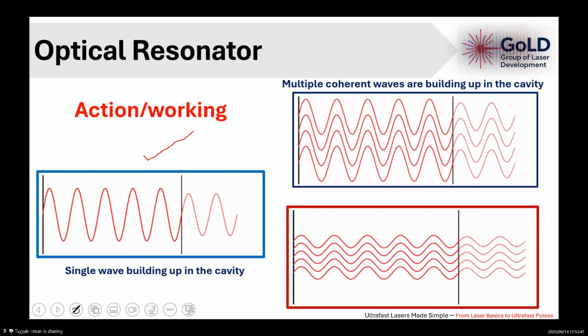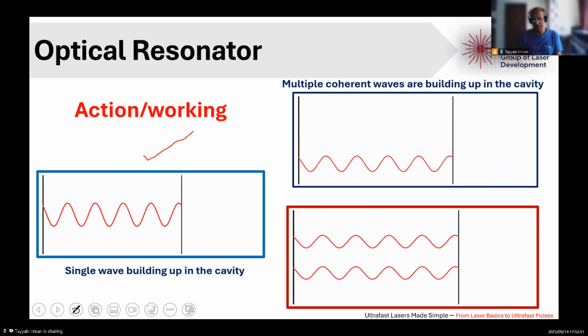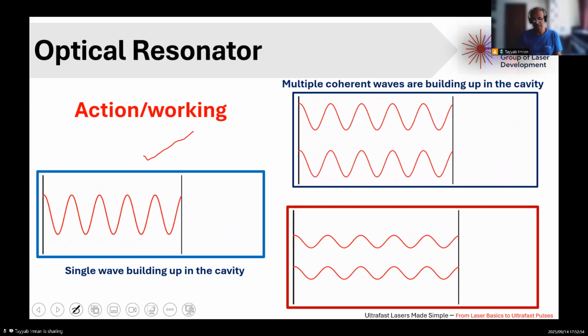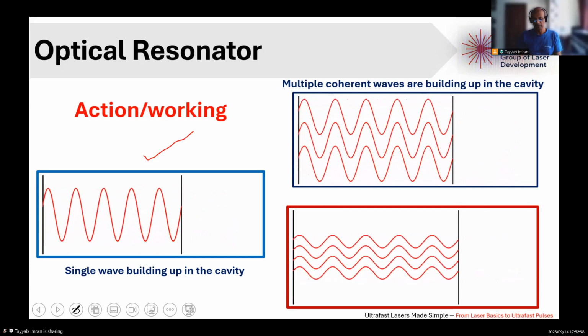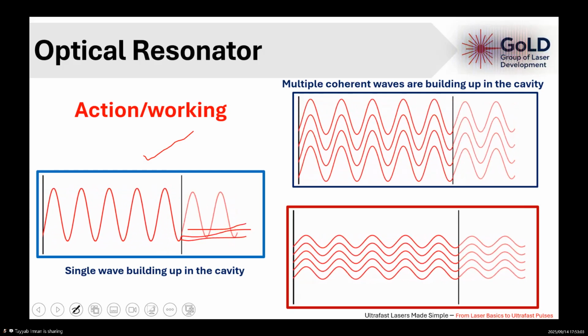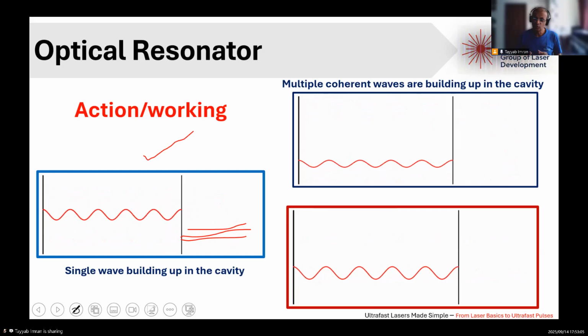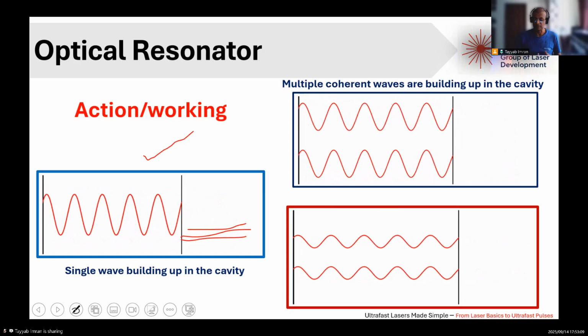So what is happening here? It's building up. You see the amplitude is increasing, and at a certain level, you can see it start emitting. This is the laser action, and there's a cavity here.